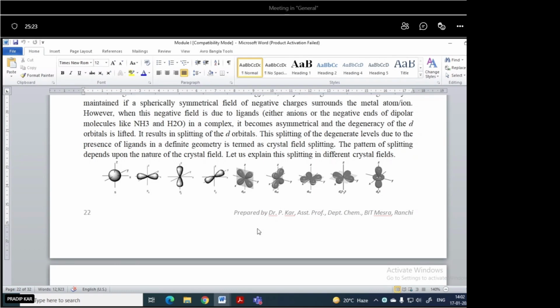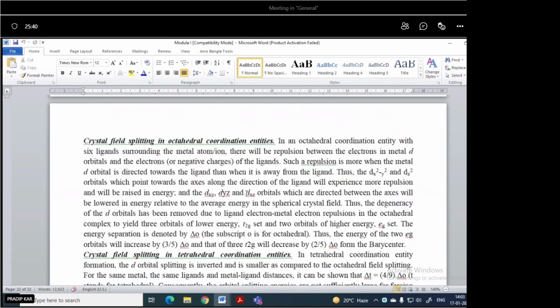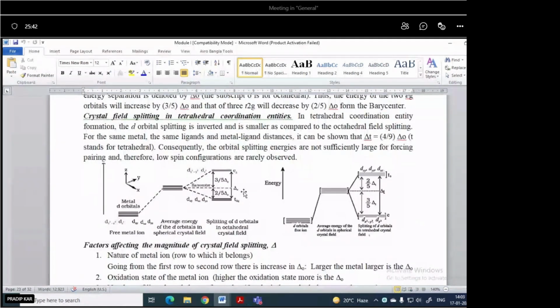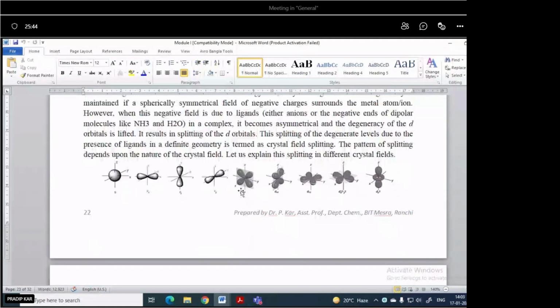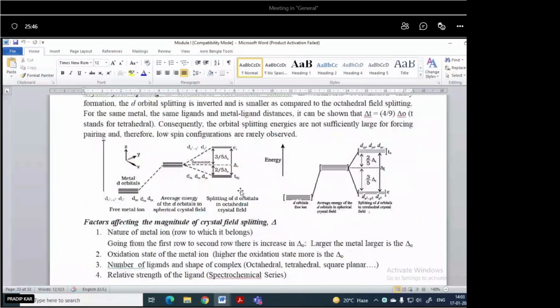So when they approach along the x, y or z axis, they interact more in that region, and interact less with the orbitals lying in between the axes. And that is why we split it into T2g and Eg in the octahedral field.